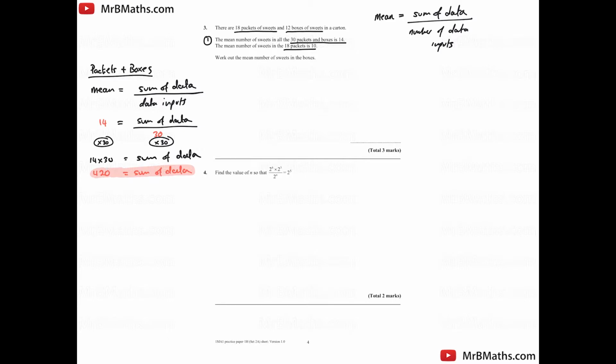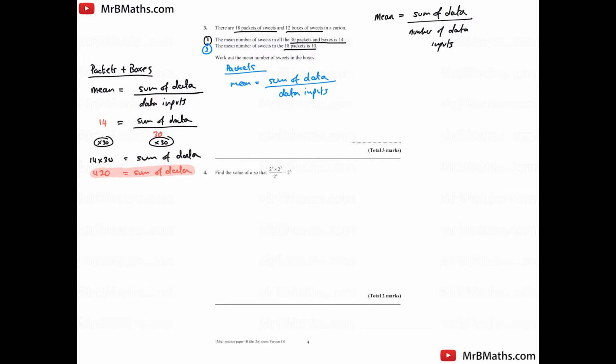Okay, so the second part says the mean number of sweets in 18 packets is 10. So now, instead of packets and boxes, we're just looking at packets. Again, the same thing. We write mean equals sum of data over data inputs, and then fill in what has been given.